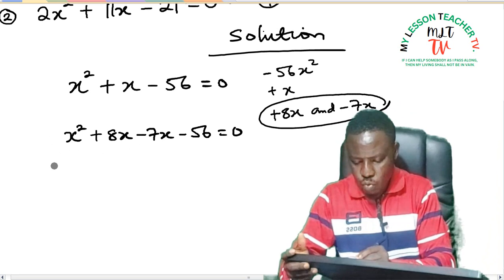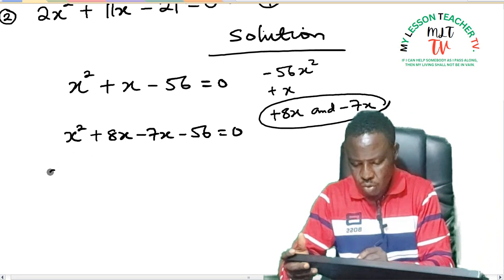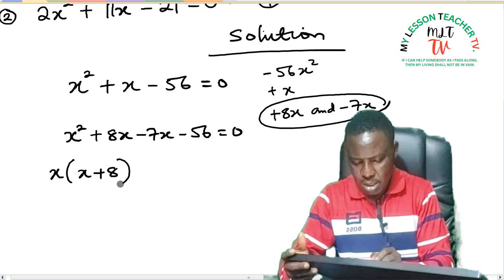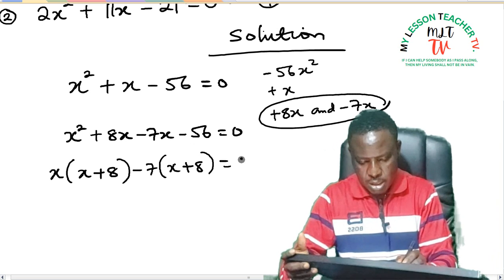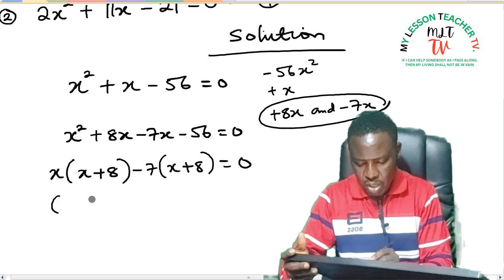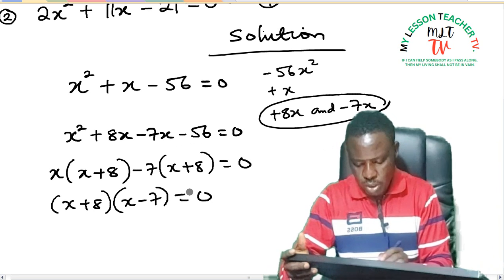So when you factorize these two, what is common? You have x to be common, into bracket x plus 8, and these two minus 7 is common, into x plus 8 is equal to 0. So factorizing again, you have x plus 8 into bracket x minus 7 is equal to 0.